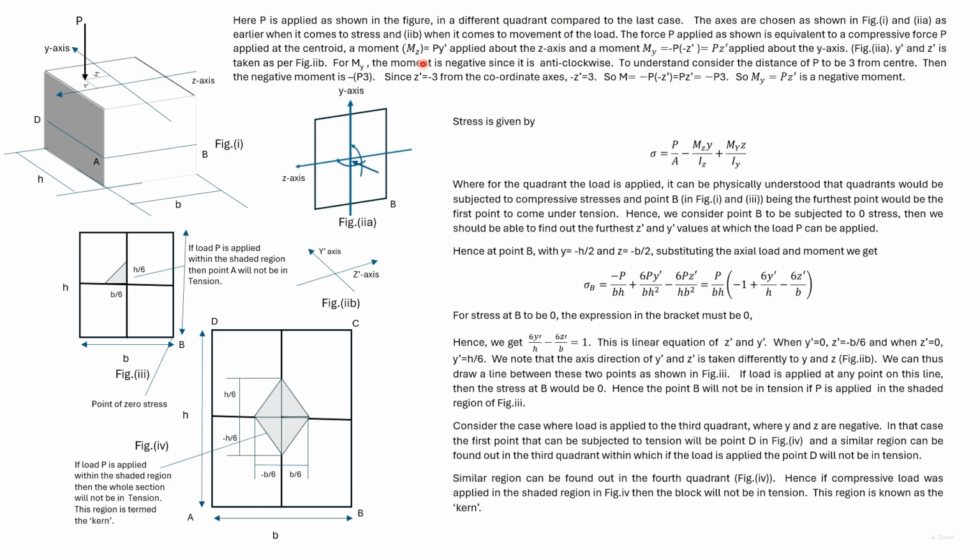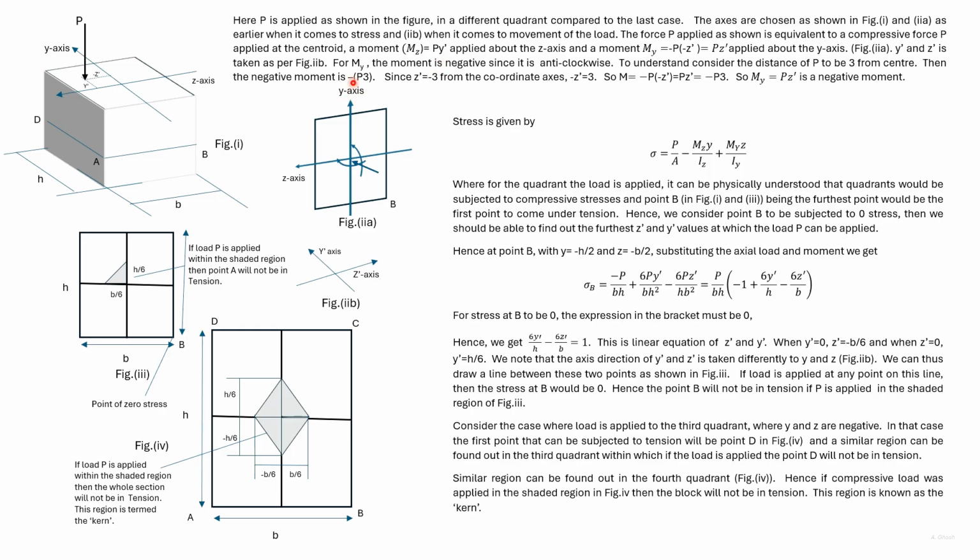Here the moment about the z-axis is P y dash, and the moment about the y-axis is P z dash. P z dash is a negative moment. To understand this, consider that P acts at a distance 3 along the z axis. So it acts somewhere here.